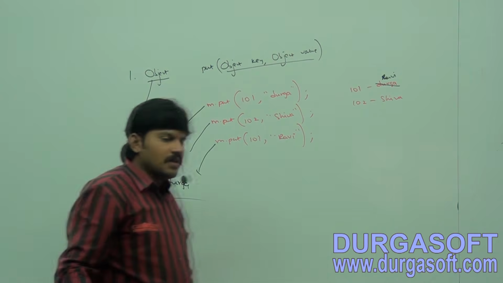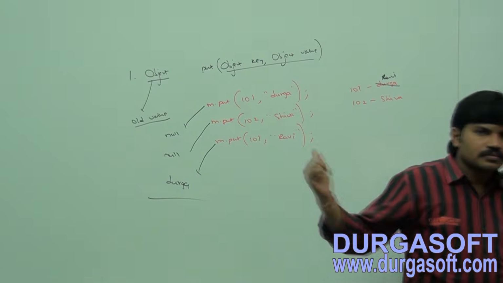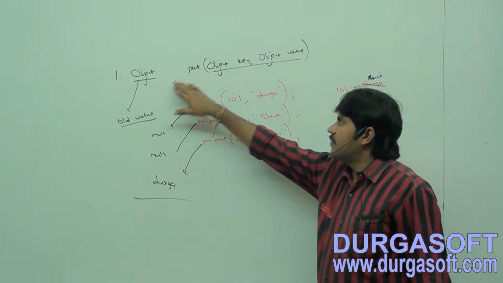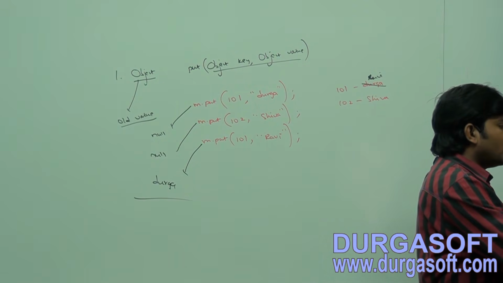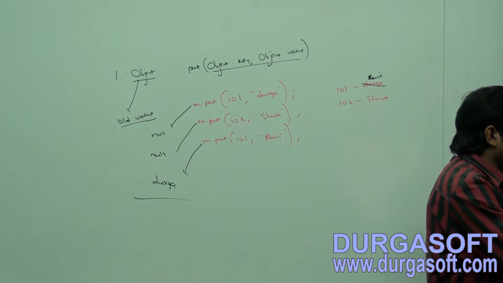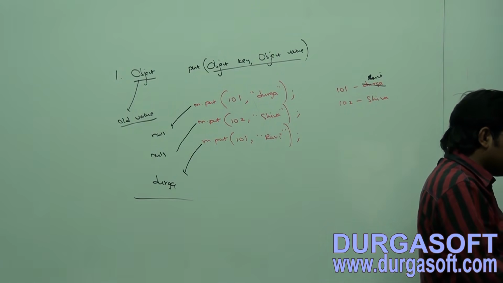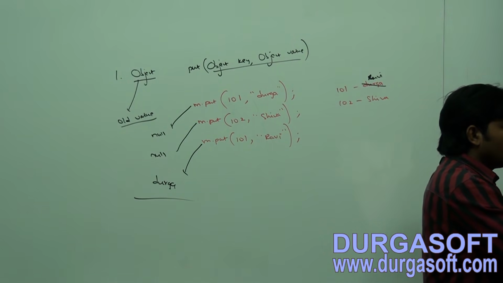Okay, at the first method, take clearly: Object put(Object key, Object value).